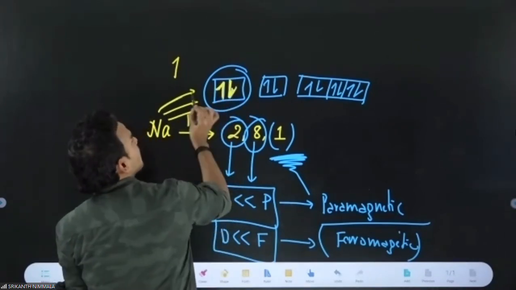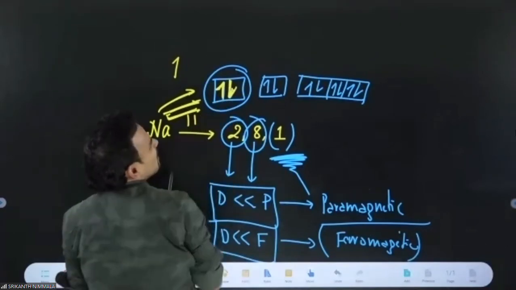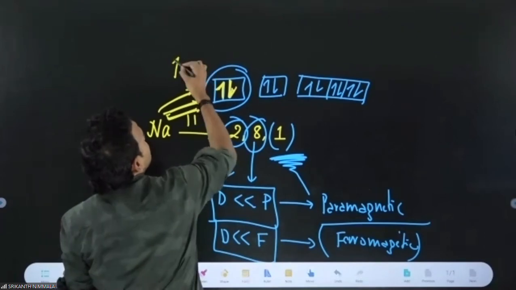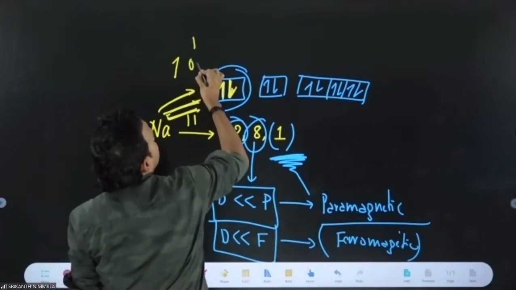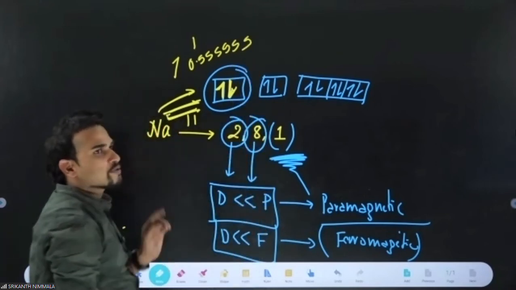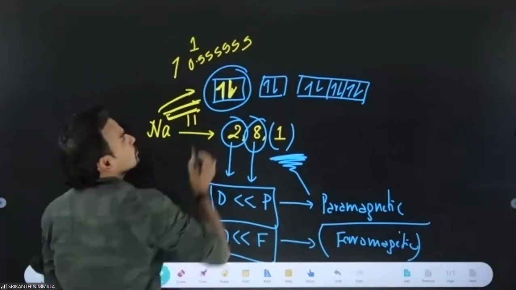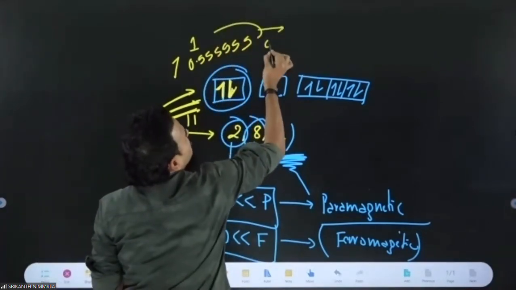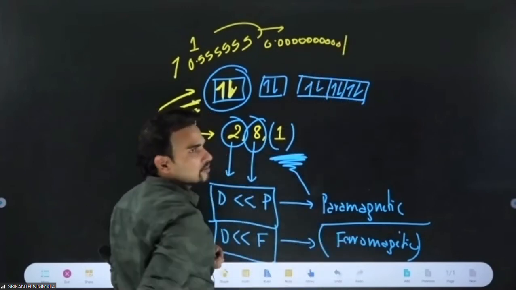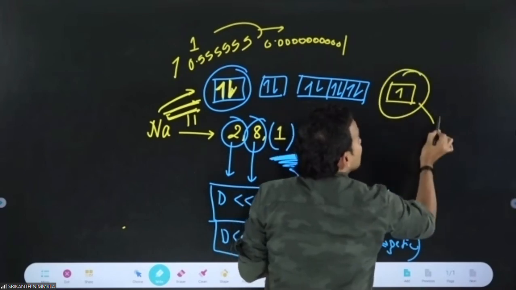But when you apply an external field, both will slightly vary. If one has a value of 1, the other will have 0.999999, like this. The variation comes very small, 0.0000000000000001.